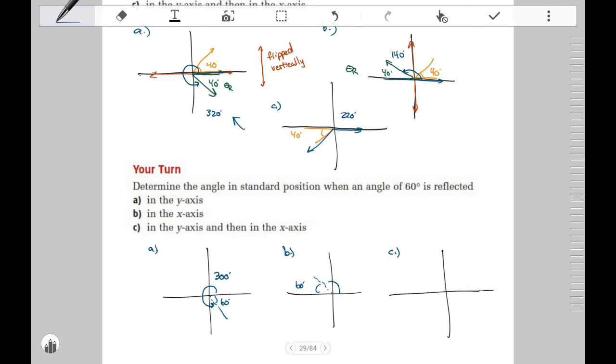This is giving us an angle in standard position of 120 degrees. And C, again, it's flipped over both axes, so it's flipped and then flipped. We have something like this. That angle in total being 180 plus 60, 240 degrees.